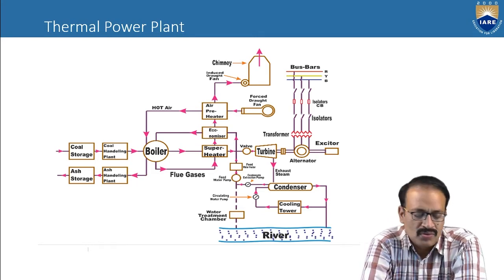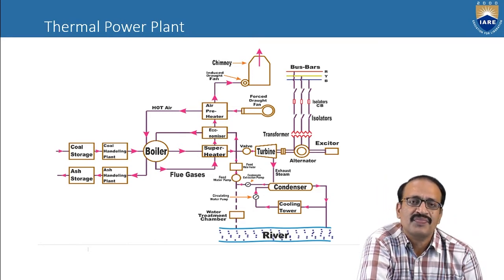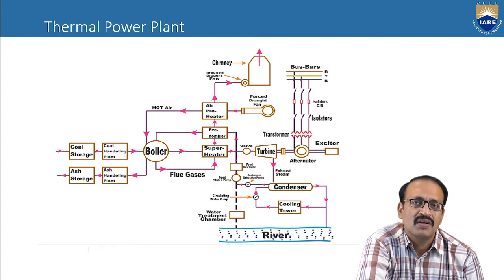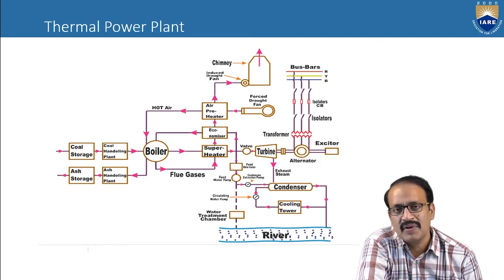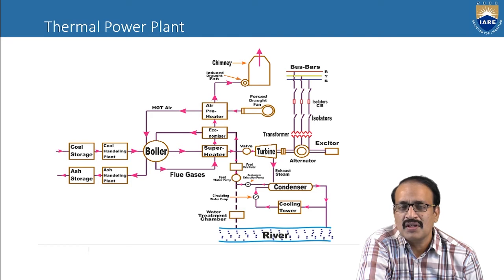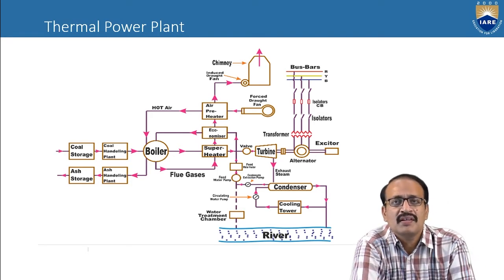Okay. So the coal which is brought to the thermal power station is stored in the coal storage unit, and afterwards it will go to the coal handling plant. There we make use of coal to produce the heat.